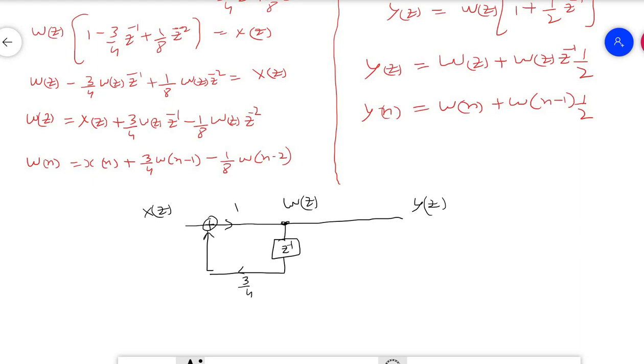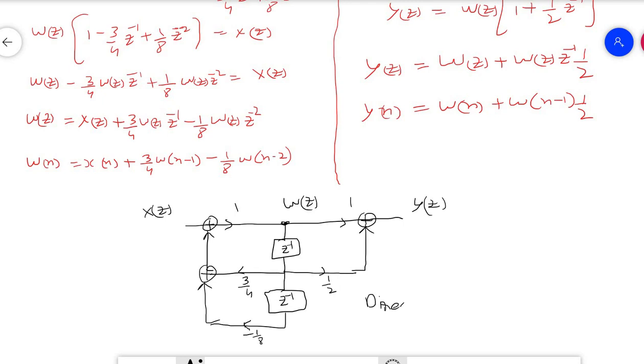Then after that, z minus 1, minus 1 by 8, this one. Now the next part is Y(z) is equal to W(z). So it is again 1, W(z) z minus 1, 1 by 2 added here. So the complete realization is this one, the direct form 2 realization.